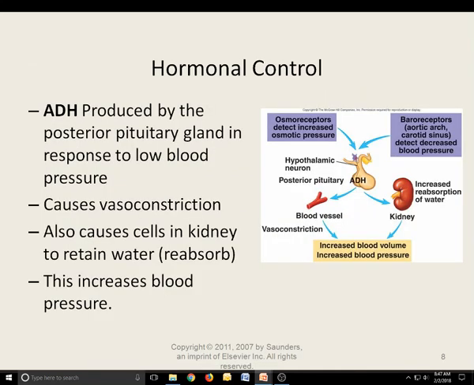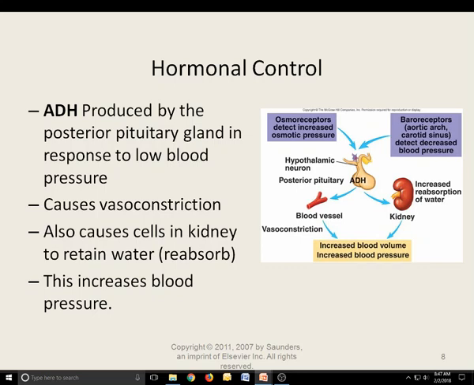Another hormonal control, ADH, which we talked about a little bit when we talked about the endocrine system. ADH is produced by the posterior pituitary gland, and once again in response to low blood pressure. ADH causes vasoconstriction, which increases blood pressure, and also causes cells in the kidney to retain water, thus increasing blood pressure.